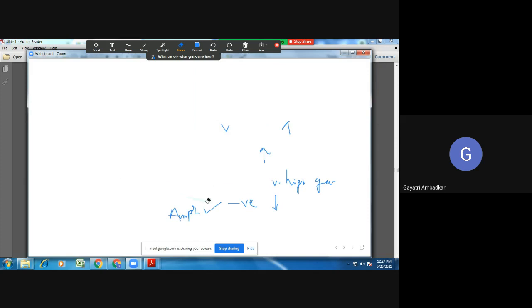So let us derive the equation for gain of these amplifiers. What is gain? The ratio of output to input.